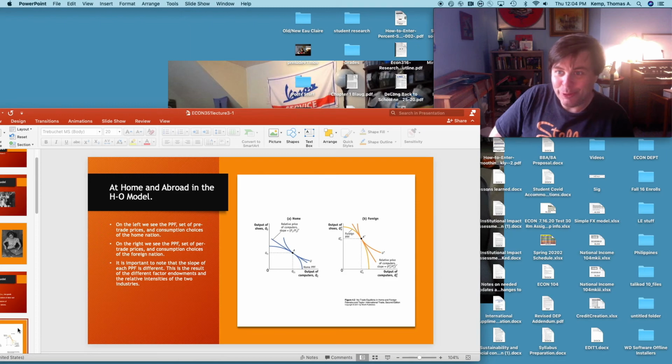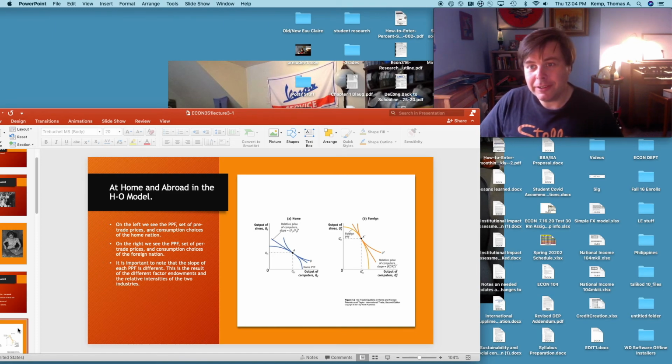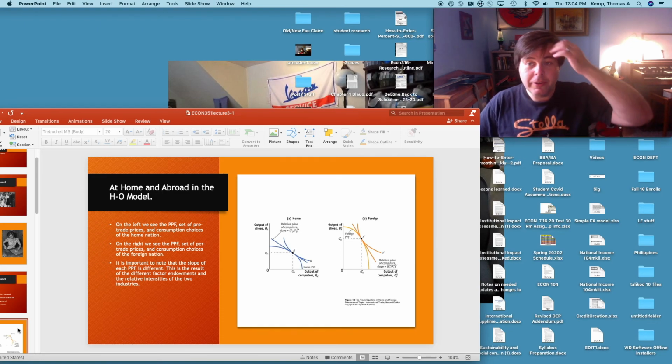So we're going to use more labor relative to capital in shoe production. So the construction of these PPFs for the home country then implies that the home country is relatively well endowed in terms of capital, and the foreign country is relatively well endowed in terms of labor.